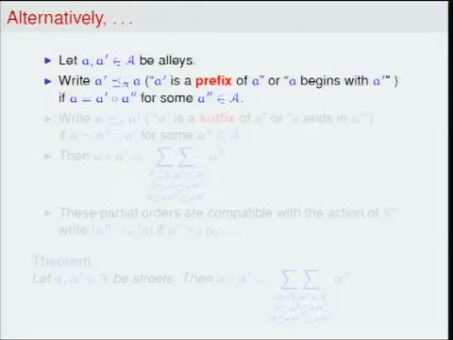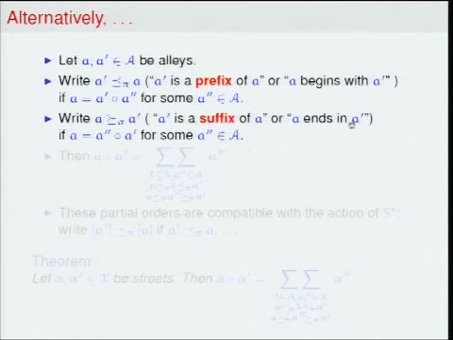Let's say A dashed is a prefix of a path A if A can be written as A dashed times something in the path algebra. Well, let's say that A dashed is a suffix of A if A can be written as something times A dashed inside the path algebra.